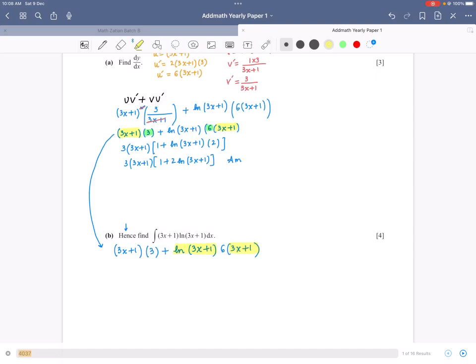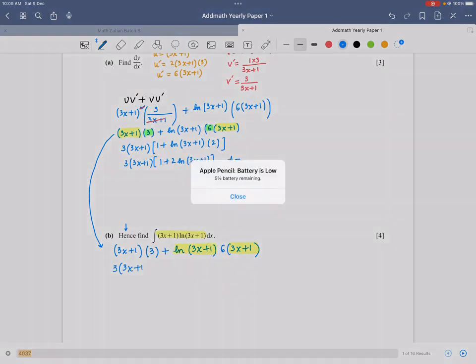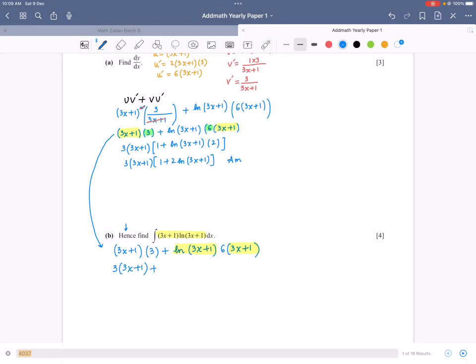This is the part that I need to integrate, right? So I will first arrange my equation in this form. So it's 3 times 3x plus 1 plus 6. I will write it in the same way as it is written in the question, 3x plus 1 and ln of 3x plus 1. Alright, that is what we are looking for.